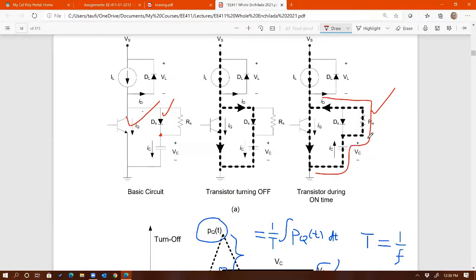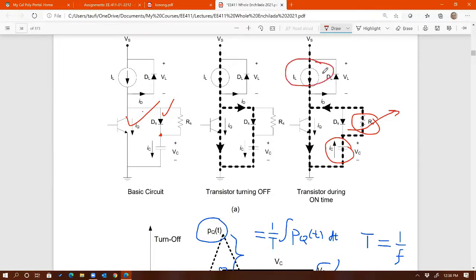That current flows through the resistor right there. So the energy that is being stored here is now being used by that resistor, and that would be transformed into heat. And that is what we call loss.